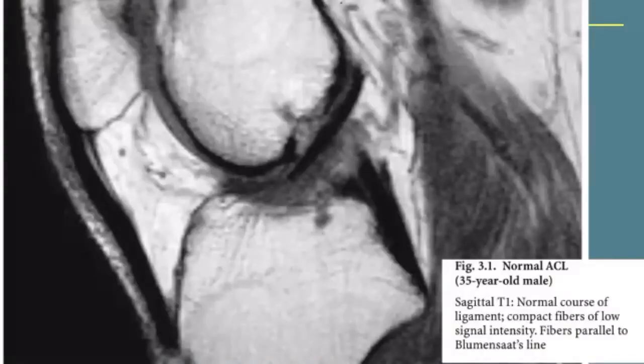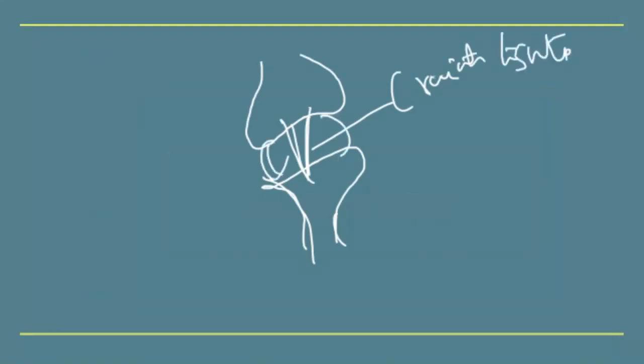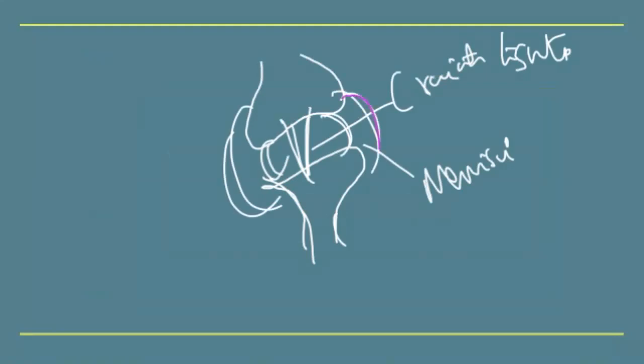So the components of the knee joint are cruciate ligaments, menisci, and collateral ligaments, and also capsule and synovial membrane.